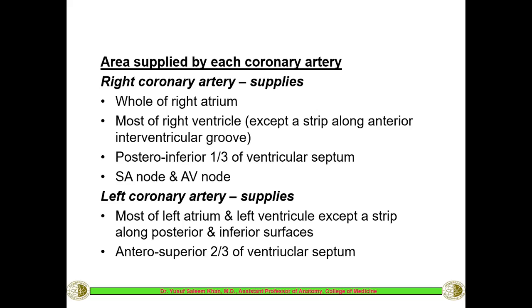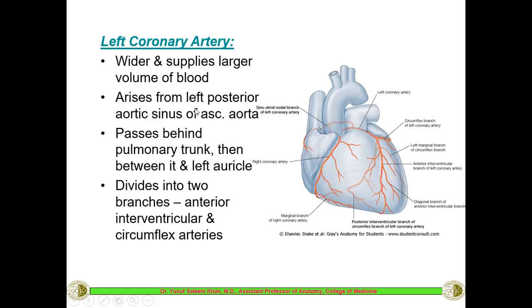Now, what are the areas supplied by each coronary artery? You should know what percentage of the blood supply of the heart is provided by the right and by the left, and which are those areas. The right coronary artery supplies the whole of the right atrium, because as you can see in the picture, it is much towards the right side.